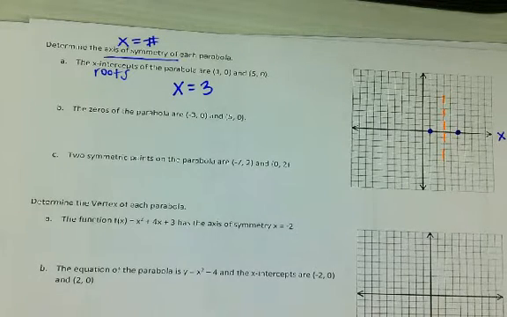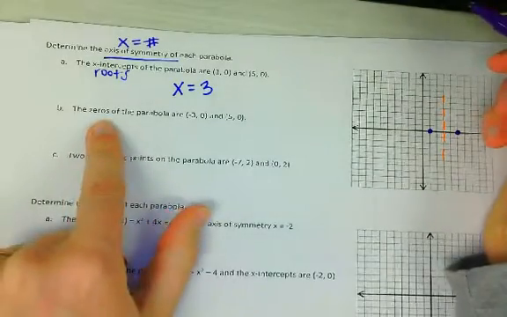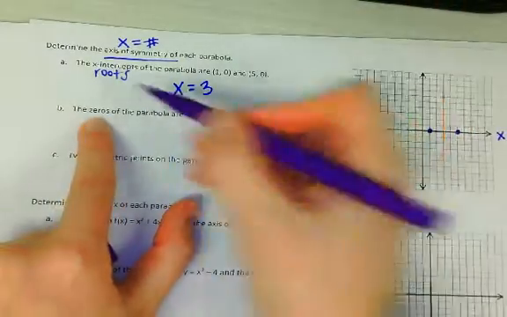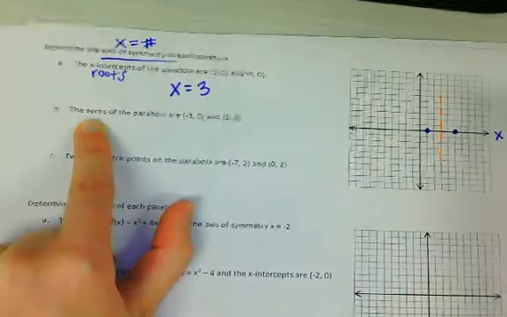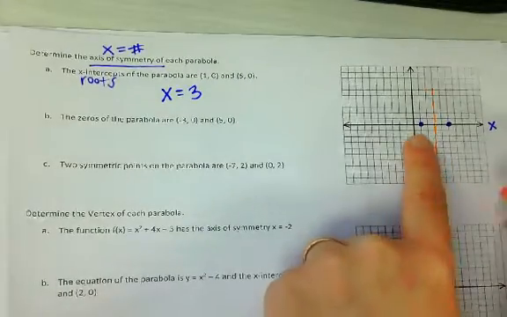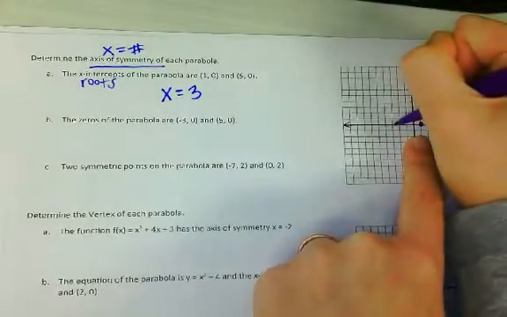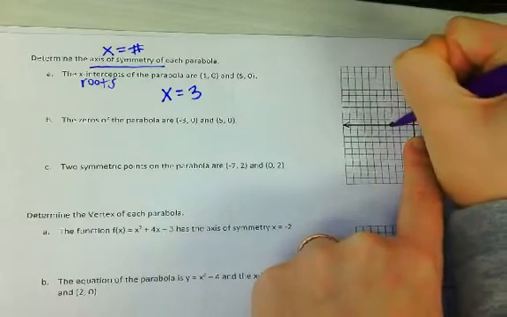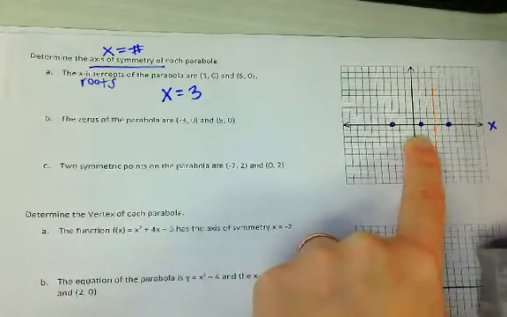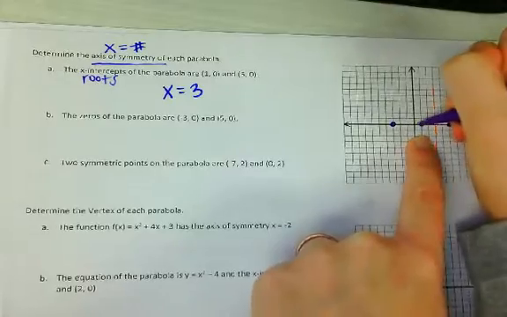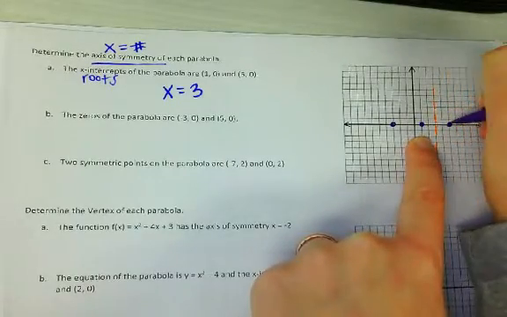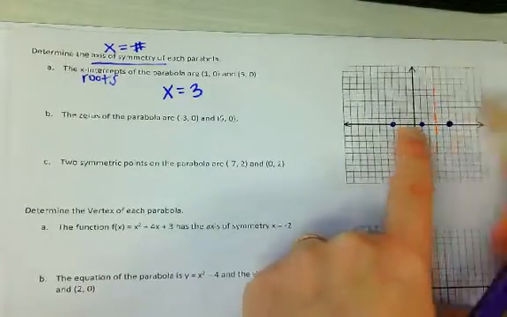Okay, I'm going to go ahead and graph the next one. See if we can do the same thing. The zeros, remember that's another word for root and x-intercept. They're at negative 3 and positive 5. So I'm going to use the same graph. This one I already had.